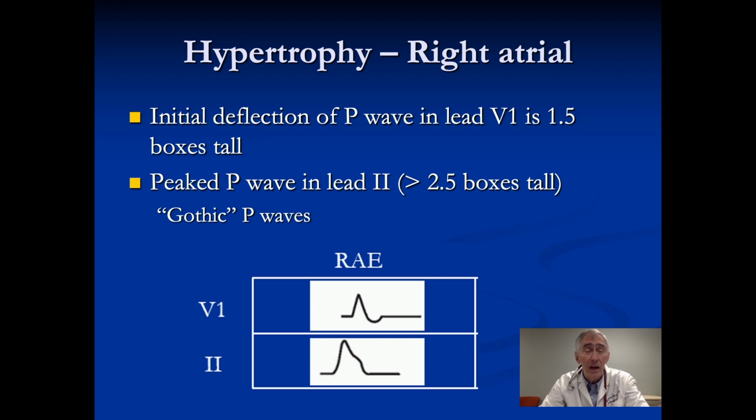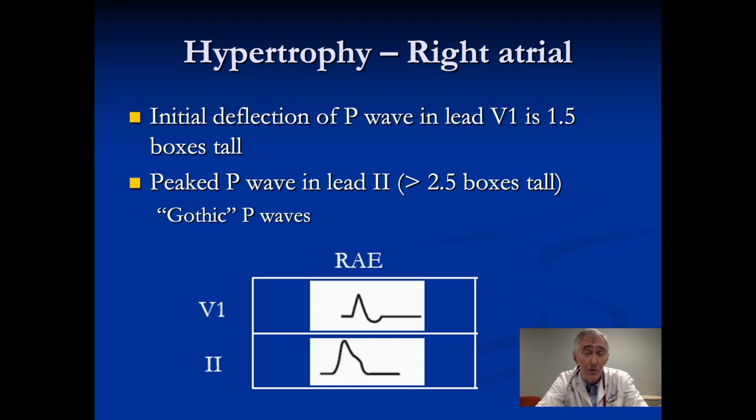Now, the P wave in right atrial enlargement is frequently very tall in lead 2. It should be 2.5 millimeters tall in height, and 1.5 millimeters tall in lead V1.